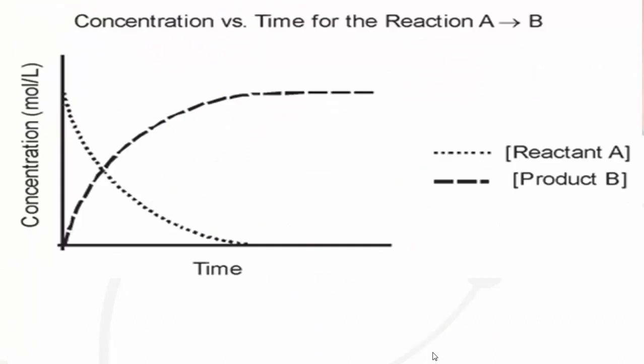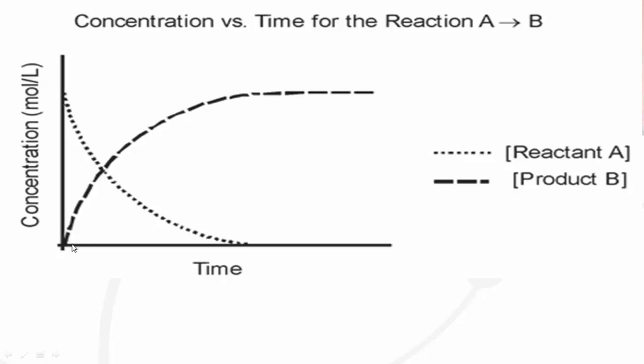So let's illustrate this graphically then. If we take some generic reaction and we look at our concentration versus time for this reaction, we can see that reactant A, the dotted line, starts with a high concentration and drops down as the reaction goes on.